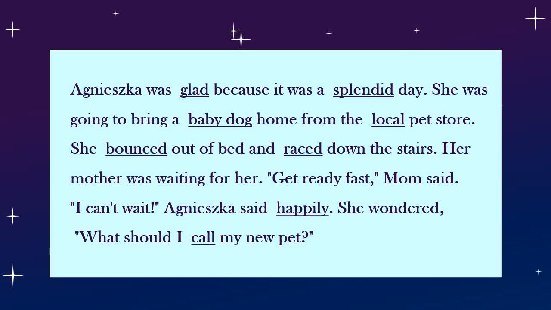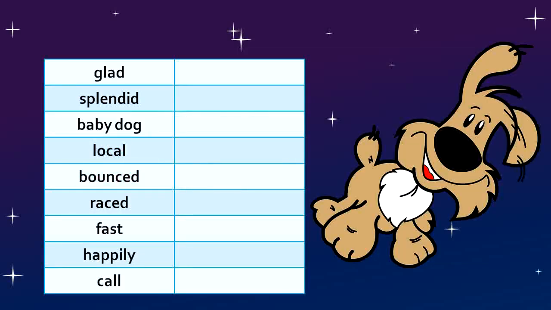So, how can we change it a little bit? By replacing the underlined words with their synonyms. Would you like to try? Great. So, here are the words which were underlined.